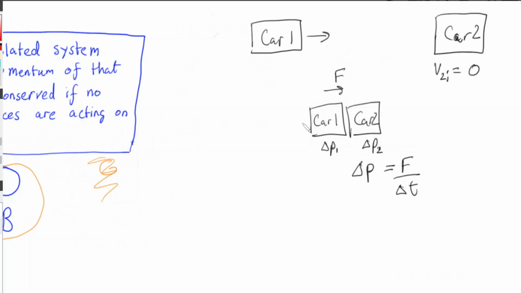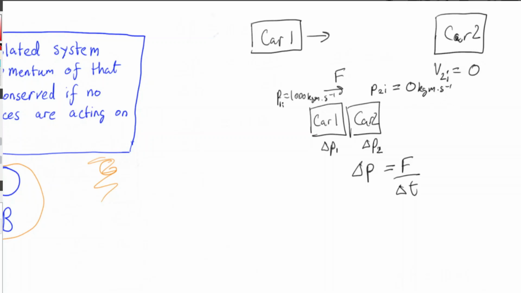So let's say car 1 has a momentum of 1,000 kilograms meters per second, and it's bumped into a stationary car, which is car 2, which would have a momentum of, and let me label this as P1I and this one as P2I, of 0 kilograms meters per second.